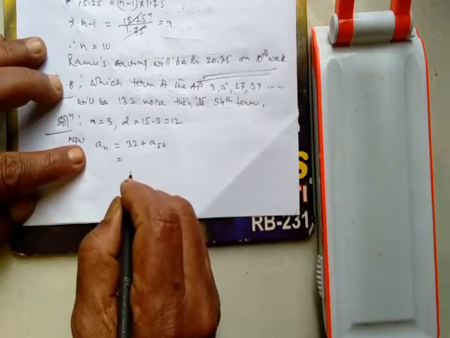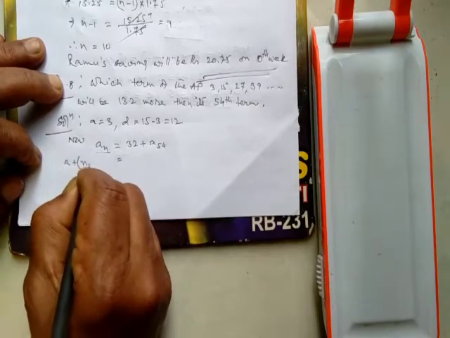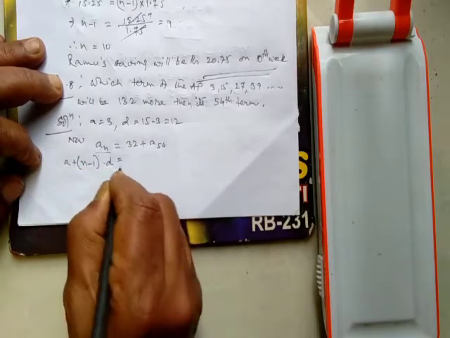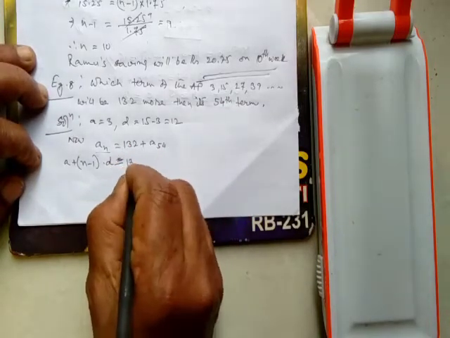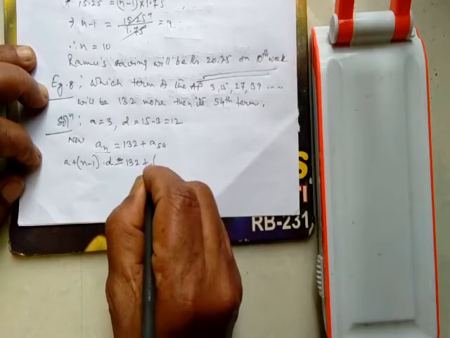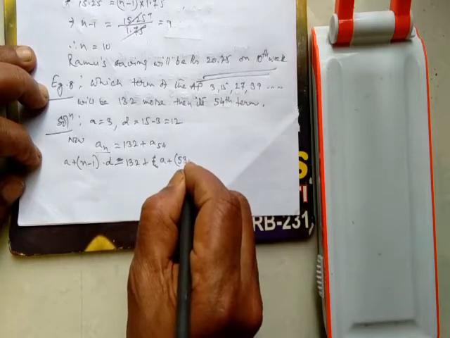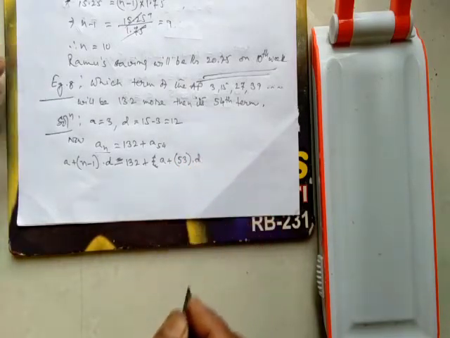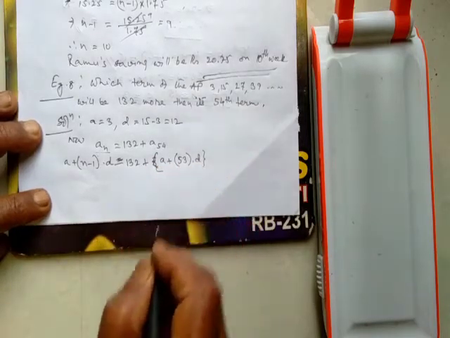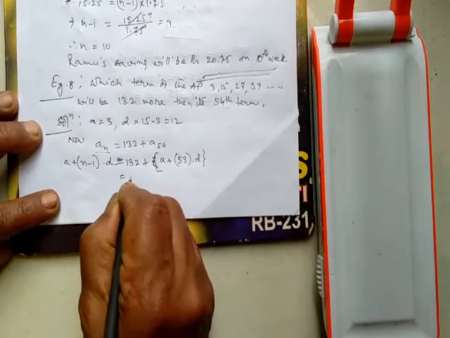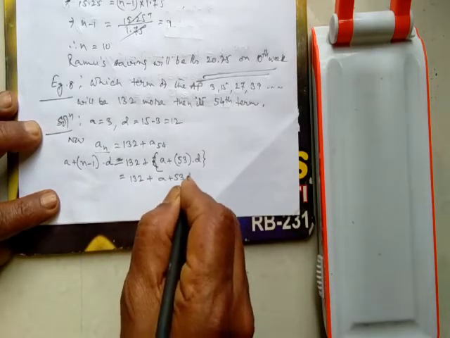The nth term is equal to A plus n minus 1 into D. This is equal to 132 plus the 54th term. The 54th term means A plus 53 into D. This is equal to 132 plus A plus 53D.